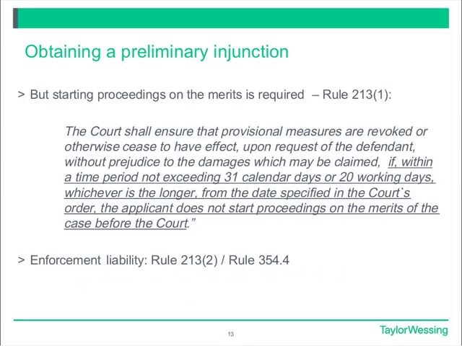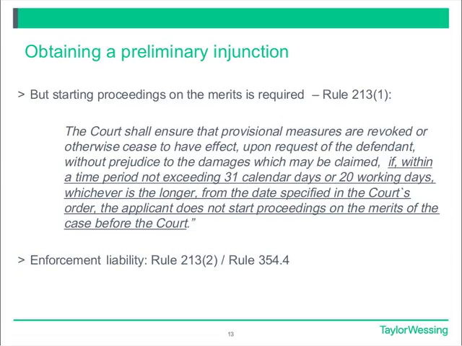Another thing I already mentioned in the beginning is that preliminary injunction proceedings are very closely connected to proceedings on the merits. So in the request for a preliminary injunction in accordance with Rule 206, you already have to point out what you will argue and what evidence you will rely on in proceedings on the merits. And this also ties in with Rule 213.1.